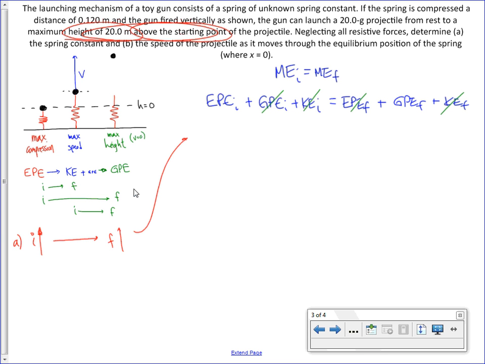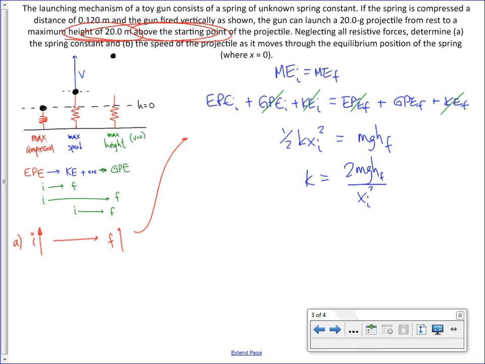So does this turn into just two terms, one kind of energy turning into another? Yes, it does. Does that always happen? No, it doesn't. So please be careful just saying GPE equals KE. Not always the case. We're looking for k here, so that's going to be k equals 2mgh divided by x squared.